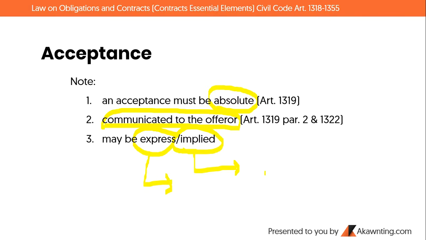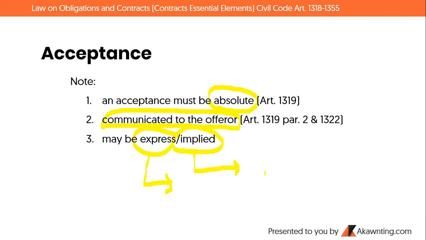So, for example, may nagbebenta sa'yo ng, let's say, saging. Wala kang sinasabi na acceptance. Parang sabi niya, kuya, bili na kayo ng saging, 10 piso bawat kilo.